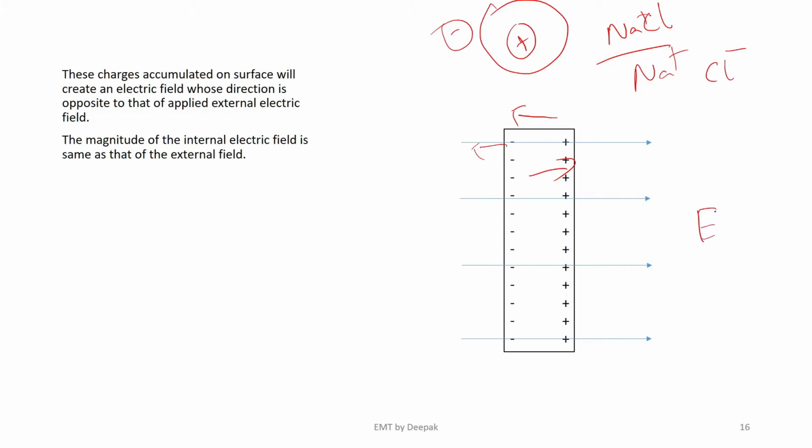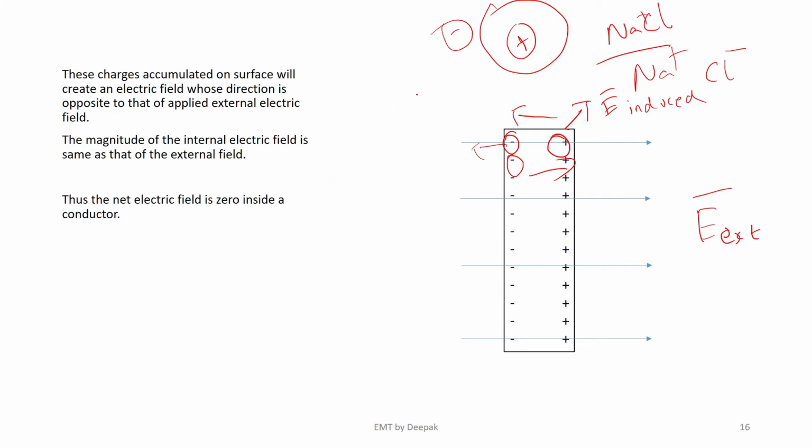This is E external, which has been applied, and the electric field because of these charges is E induced. Right? This is the induced electric field. These two are equal in magnitude, but the directions are opposite, because the external electric field induces positive charge to move this way, whereas the internal electric field induces the positive charge to move that way.